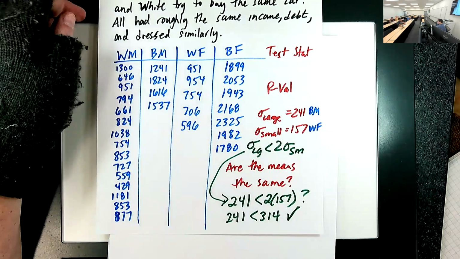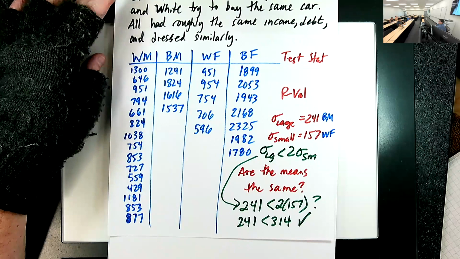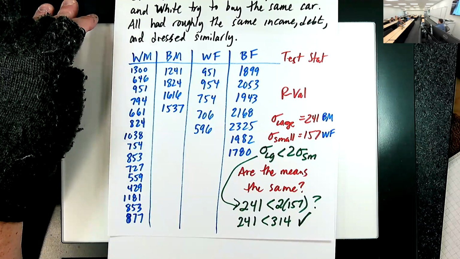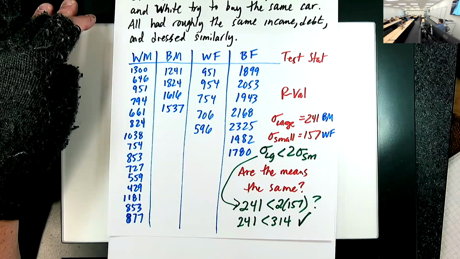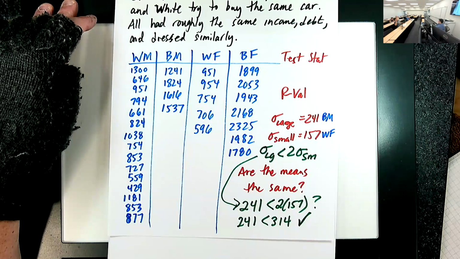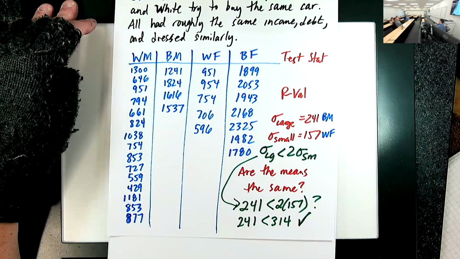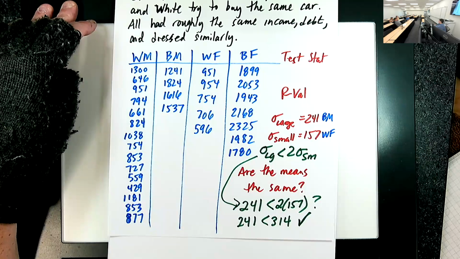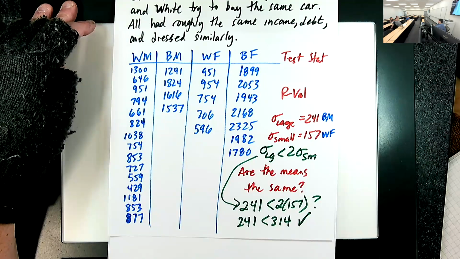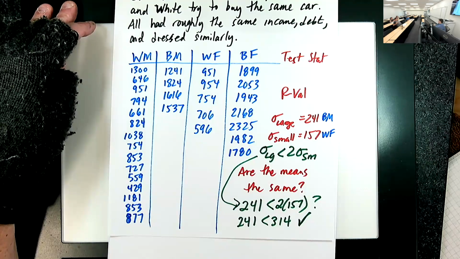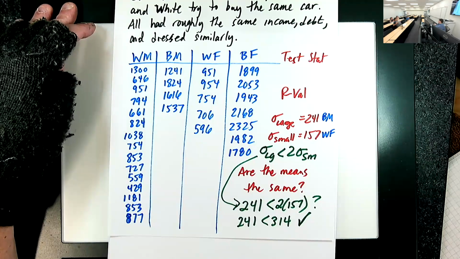Now, who here looks at these values and says, that's some bullshit? Wait, what do you mean we're going to assume all requirements are met? Assuming you've been paying attention, every one of these tests has some requirements. The requirements for this are that the data need to be normally distributed, and all groups need to be represented.